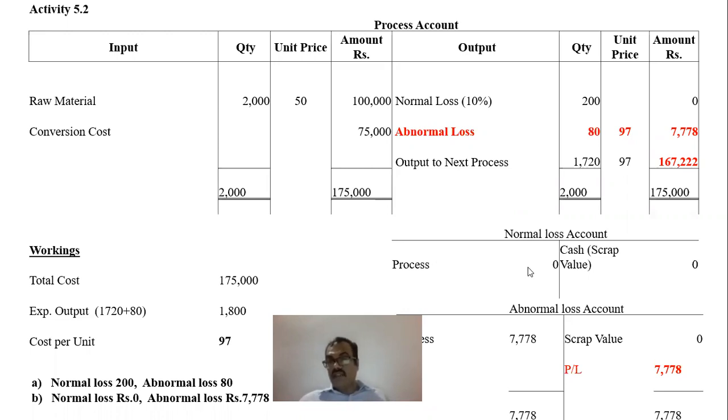That is the reason why the value is 0. In the case of abnormal loss, it is accounted. If there is any recovery value from this abnormal loss, you can credit there. Assume that you sold it for 1,000 rupees, then you recovered 1,000. Therefore, actual abnormal loss is 6,778.